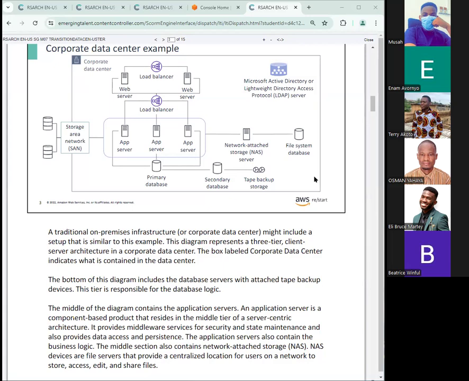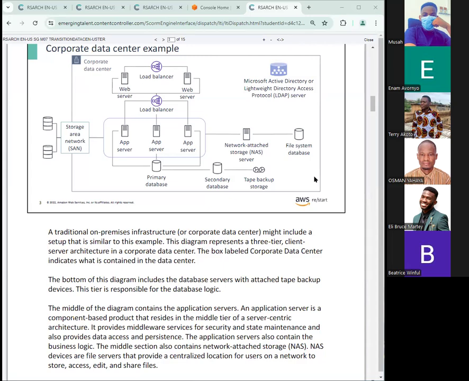Those documents would be stored in an HR file share. So when you authenticate any employee, if they're in the HR department, they would only be able to access that HR file share.